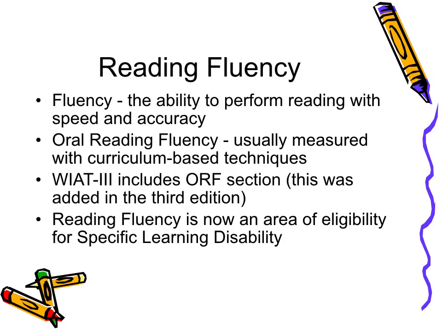Some of the big test publishers are now recognizing this area as having greater importance. It is now a sub-area of learning disability federally, so I think that's one of the reasons why we see this included in the new revisions of the standardized published tests. But either way, we can evaluate a student's fluency.